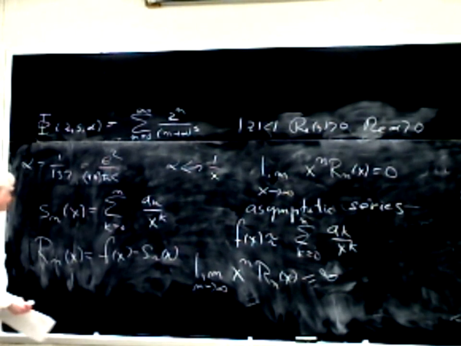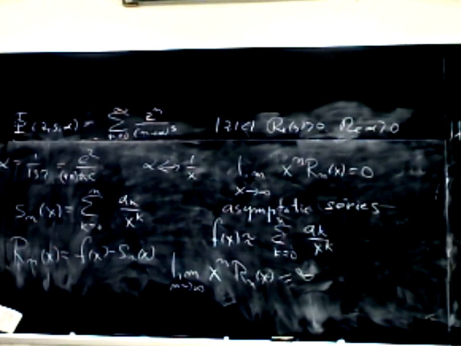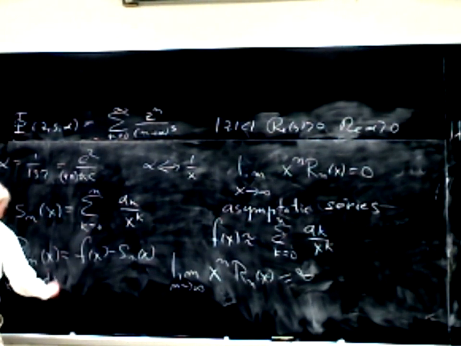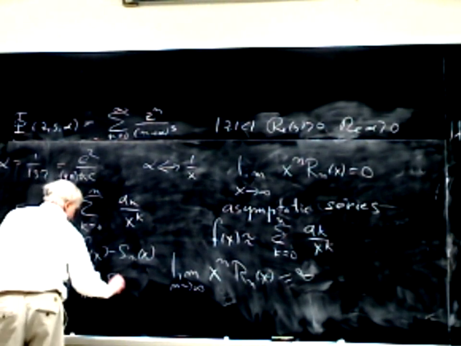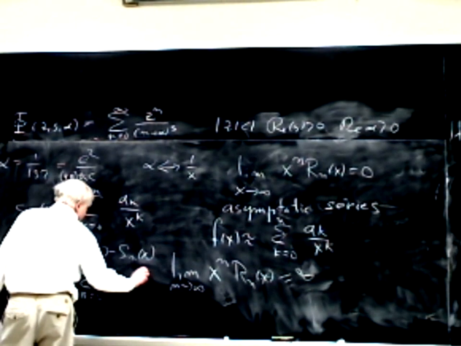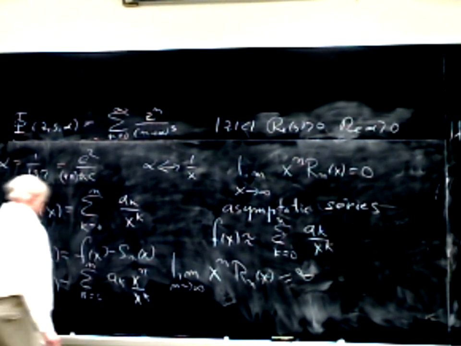That would mean then, let's see, what it means explicitly is x to the n times the difference between f and S_n is then a sum k equals 0 to n of a_k x to the n over x to the k.